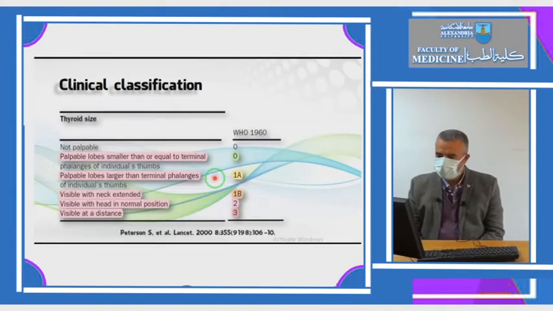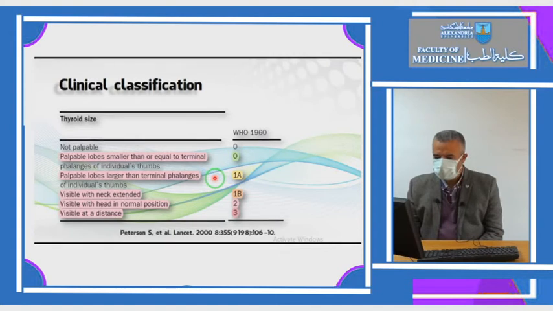Accordingly, we actually have two clinical classifications for a goiter. According to the older one, the 1961, any thyroid that is not palpable is classified as grade 0. Any palpable thyroid with lobes smaller than or equal to the terminal phalanx of the examined individual is also classified as grade 0.